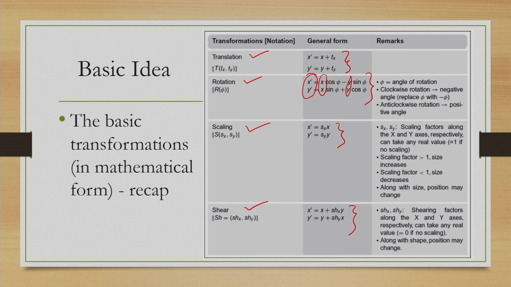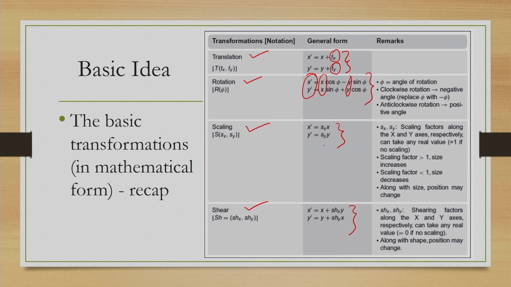In these equations, starting with translation, we used some parameters. So, Tx, Ty are the amount of translations along x and y direction. Similarly, phi is the angle of rotation in these rotation equations.